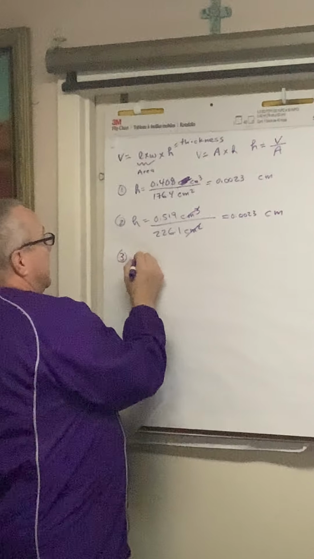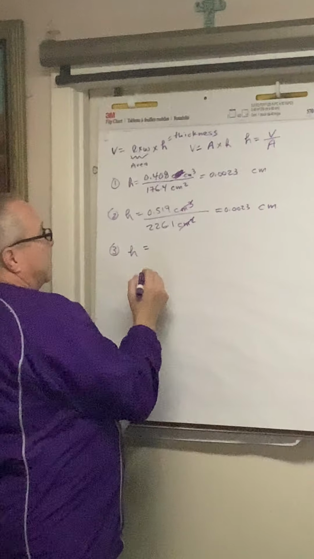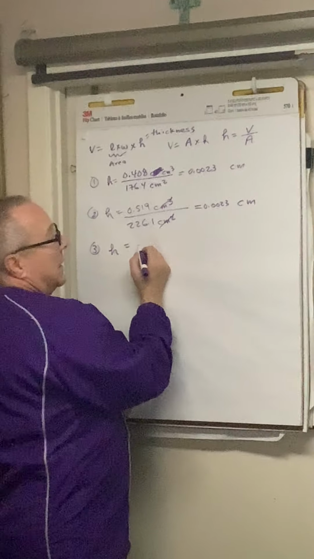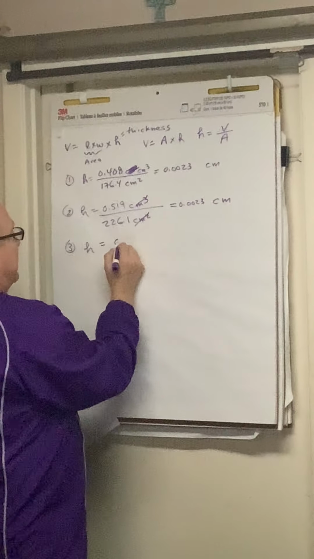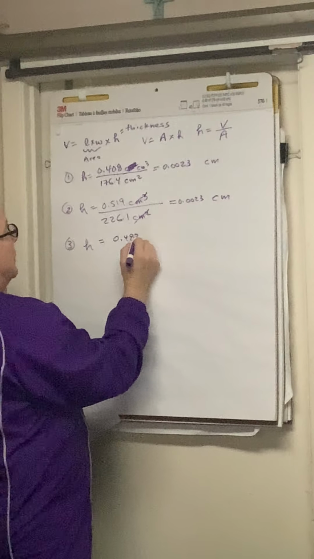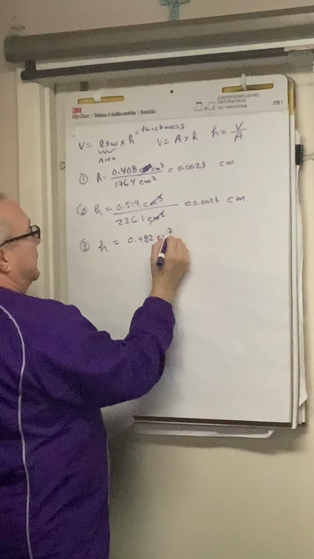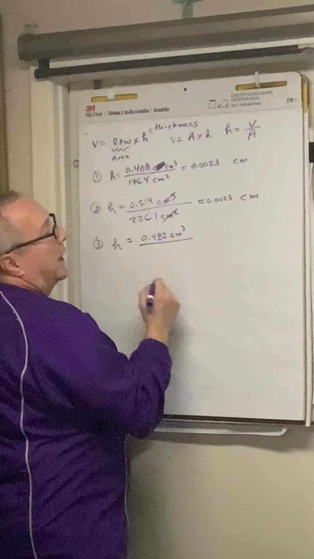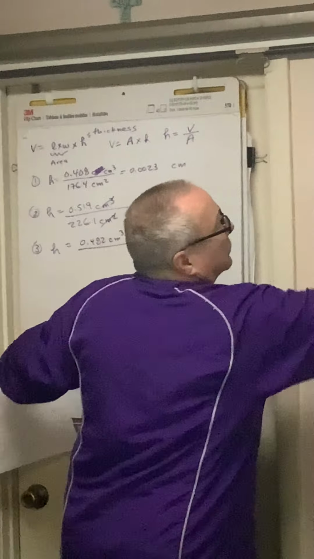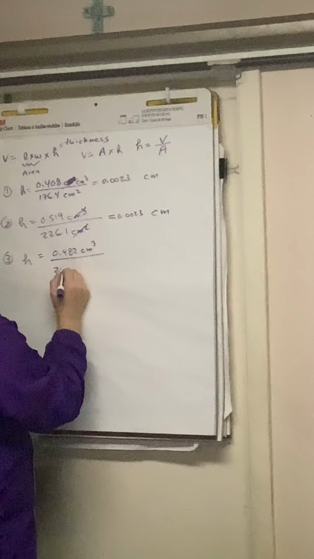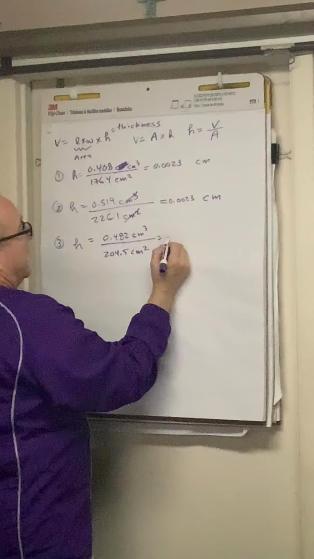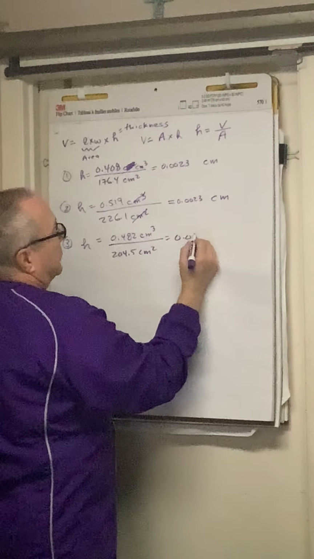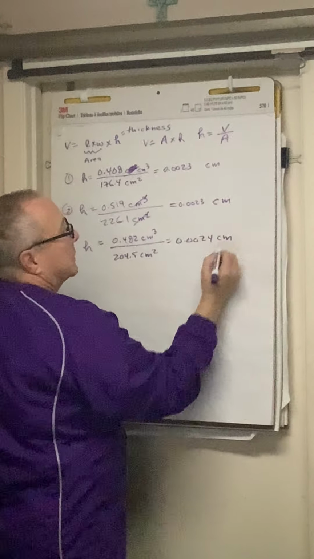Number 3, foil number 3, the height is equal to my volume, which is 0.482 cubic centimeters, also milliliters, divided by my area, which is 204.5 centimeters squared, and that's equal to 0.0024 centimeters.